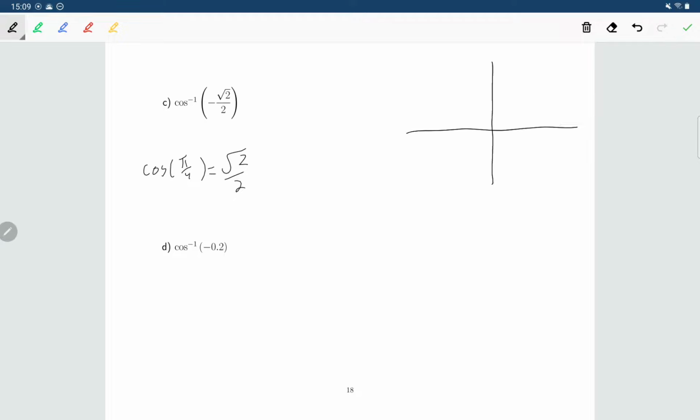We know that the reference angle has to be pi over 4. So if you're in quadrant 2 and the reference angle is pi over 4, then your angle must be 3 pi over 4. So we know that cosine of 3 pi over 4 is negative root 2 over 2. So cosine inverse of negative root 2 over 2 is 3 pi over 4.